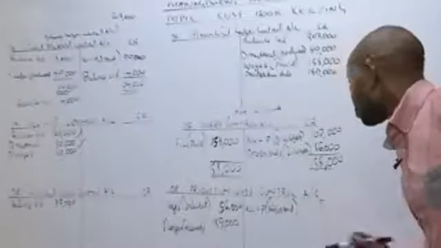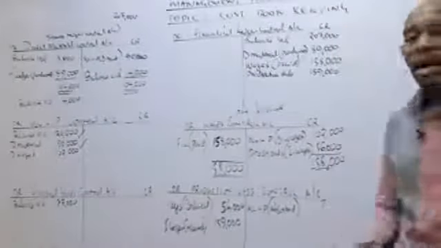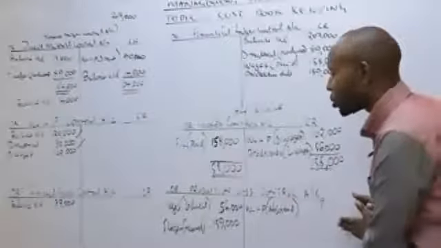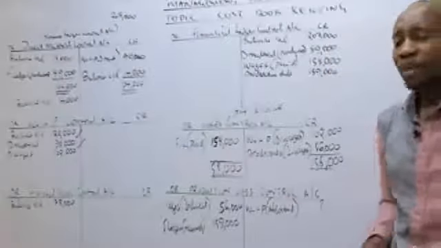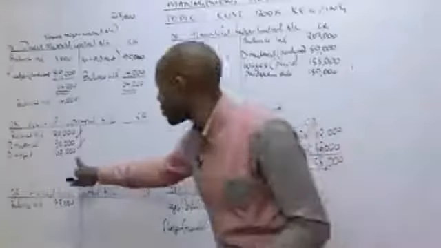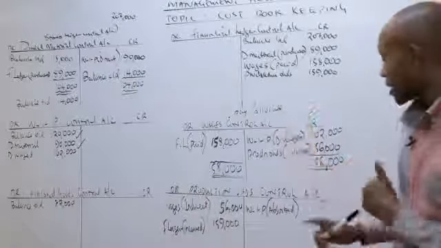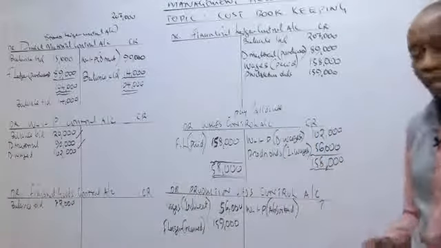Now, put a question mark because we don't know how much they were. Other questions will tell you. For this particular one, we are not told. So it's an incomplete kind of accounting, but we can work backwards and determine this particular figure.